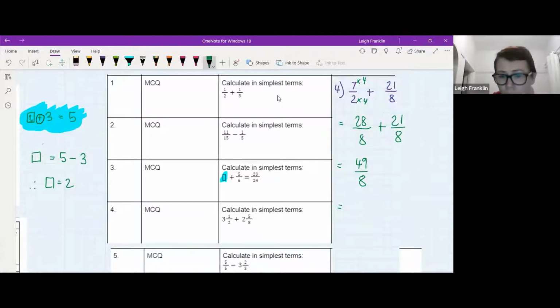I would divide 49 by 8. Absolutely. And 8 can't go completely into 49, so it would be 6. So it would be 6 and 1 over 8.